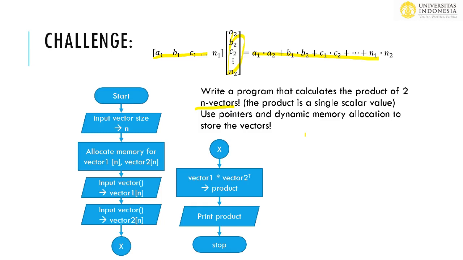I can say this is some kind of multiplication, but this is quite beneficial when you deal with vector operations. Okay, so use pointers. Don't forget to use pointers for that, because you have a very dynamic array size and dynamic memory allocation to store the factors, and you can see the flowchart like here.